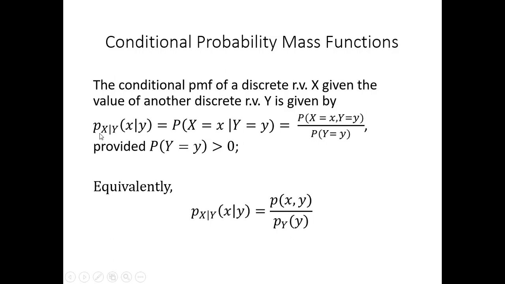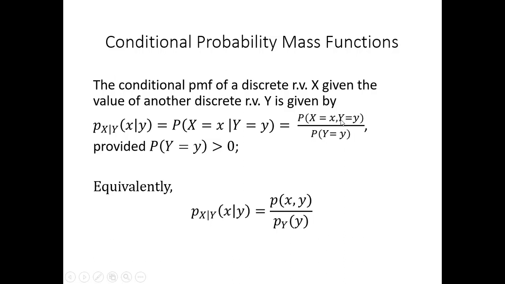You want to think of this as the conditional PMF of x given y. We could express this as a conditional probability: the probability that the random variable x is a value x given y is equal to y. We could think in terms of this fraction, which might remind you a little bit of the definition of conditional probability.